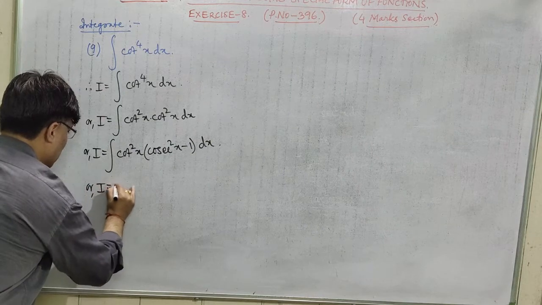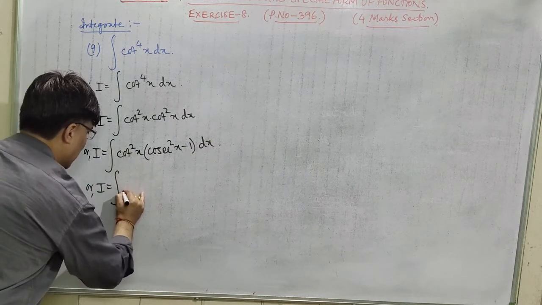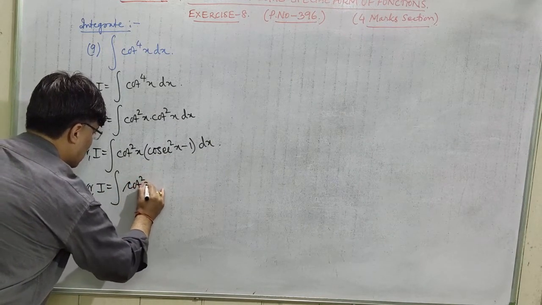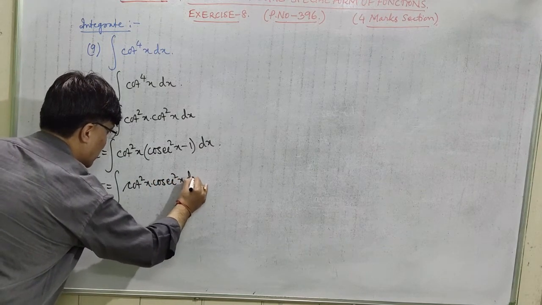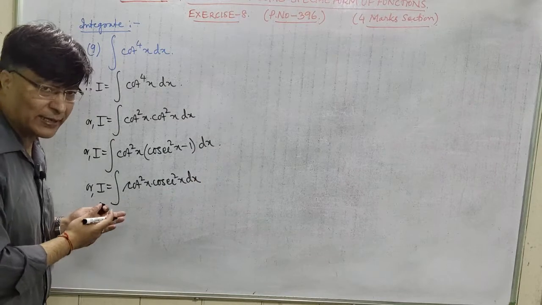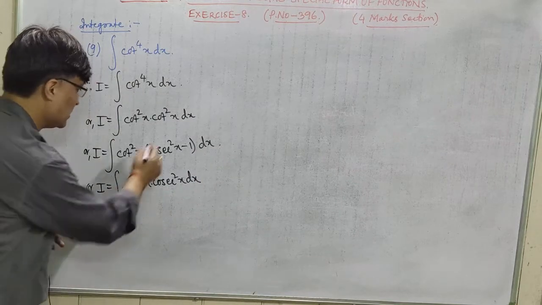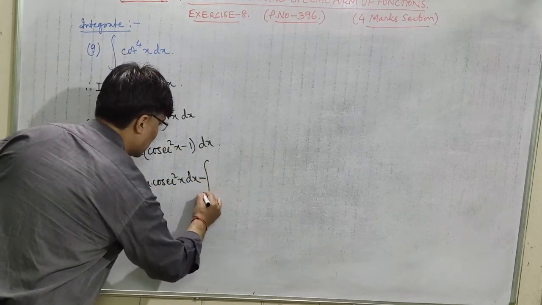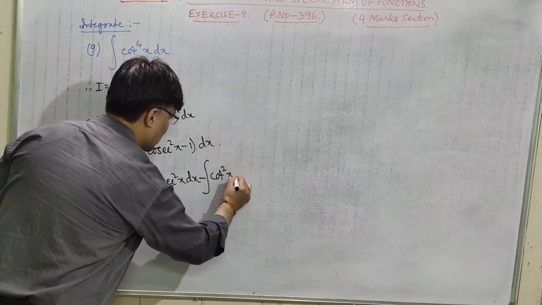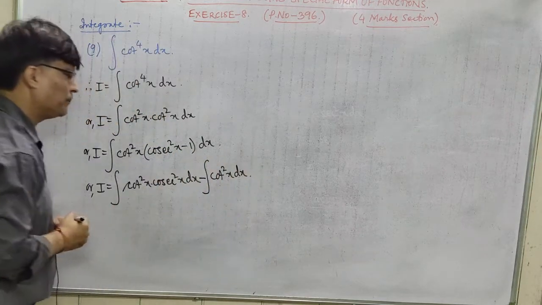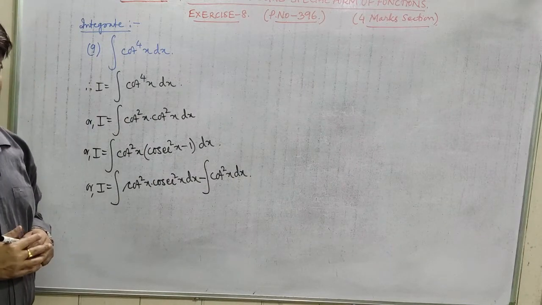Or I is equal to integration of, let us multiply it, cot square x into cosec square x dx. This is the first term we are multiplying and separating. Then minus integration of cot square x into 1, that is cot square x dx. I think you have understood it.